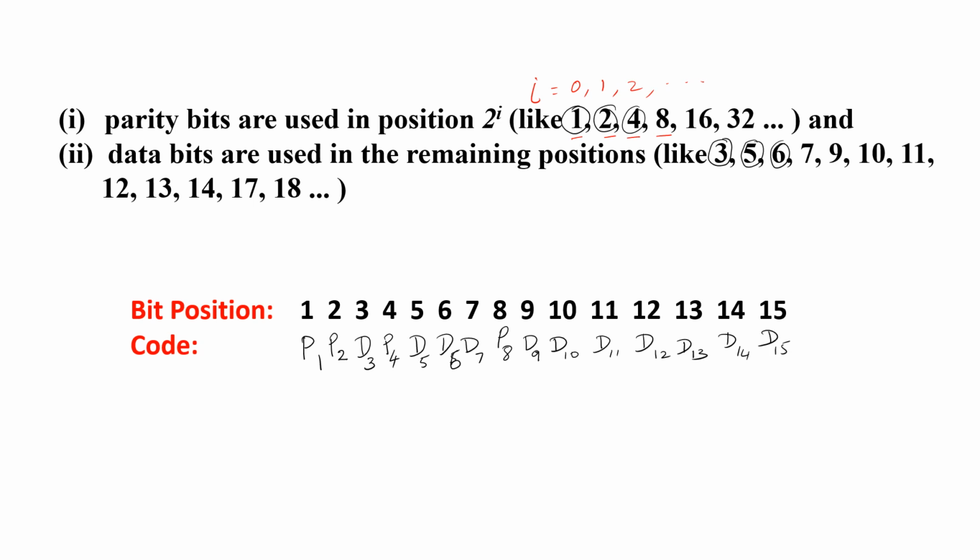So here we have used 4 parity bits and the rest are data bits. In this way we can frame the Hamming code.